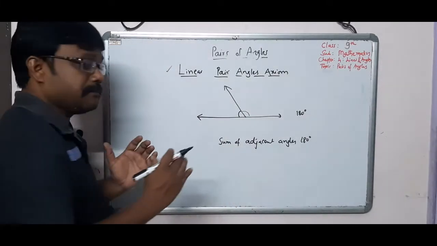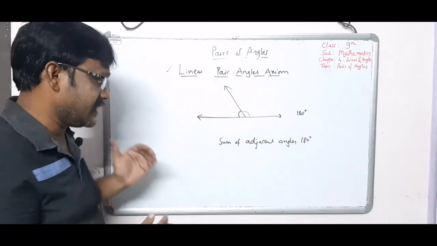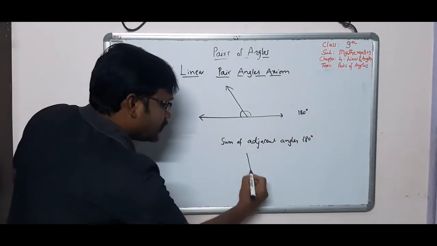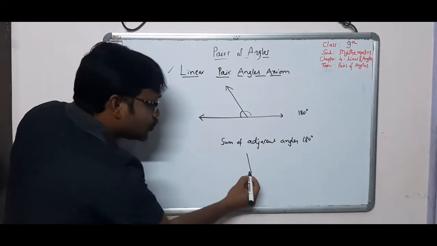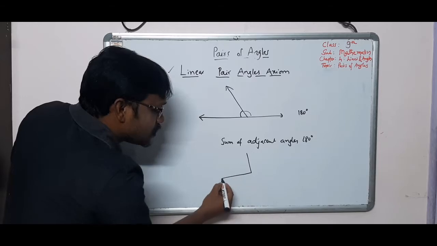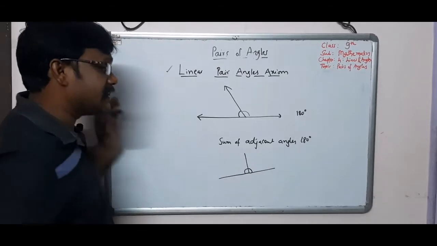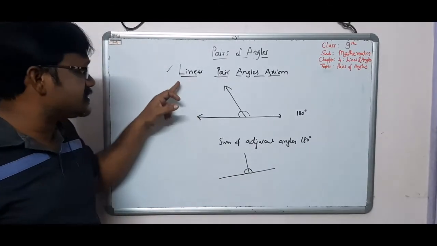So if any adjacent pair has a sum of 180 degrees, adjacent means they should have a common arm, and on either side they should have non-common arms. Those non-common arms should give you a straight line because the sum of the angles will be 180 degrees. That's the straight property.